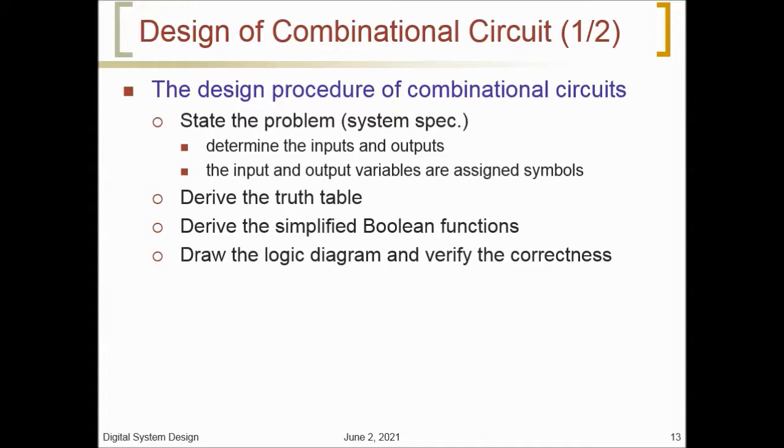The output functions specified in the truth table give the exact definition of the combinational circuit. It is important that the verbal specification be interpreted correctly in the truth table, as they are often incomplete and any wrong interpretation may result in an incorrect truth table.